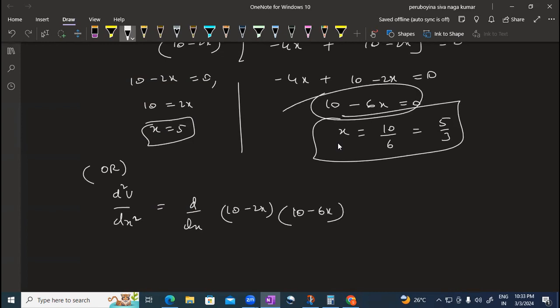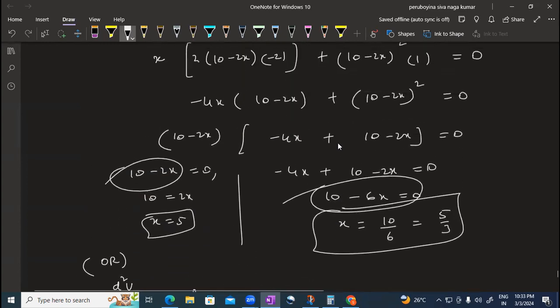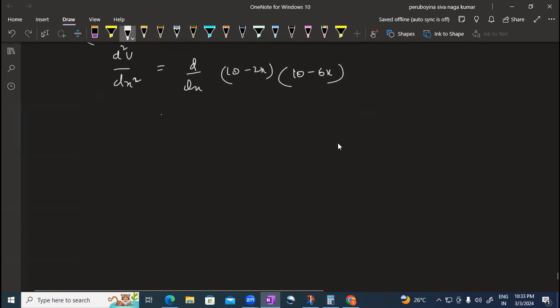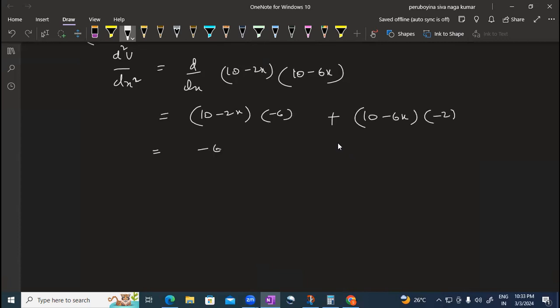Actually, here they are in multiplication, no? So that's why I took the same thing and again I am differentiating. So u v dash: 10 minus 6x derivative is minus 6, plus v u dash: (10 minus 6x) into minus 2. So multiply it: minus 60 plus 12x minus 20 plus 12x. So this is minus 80 plus 24x.